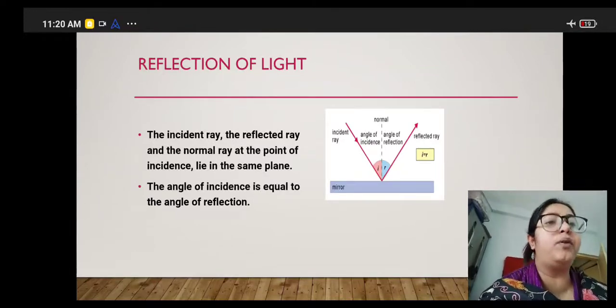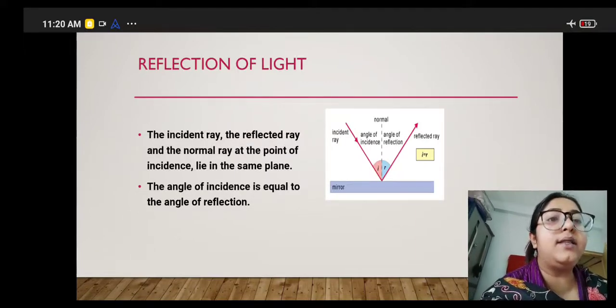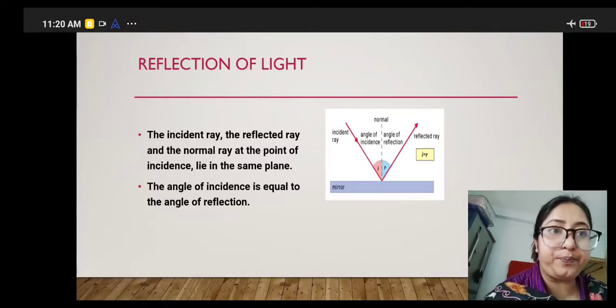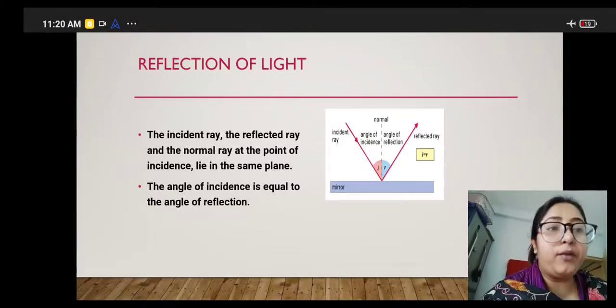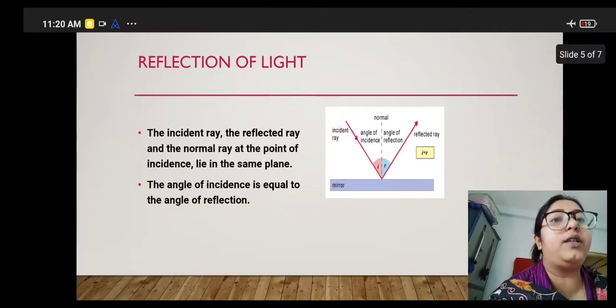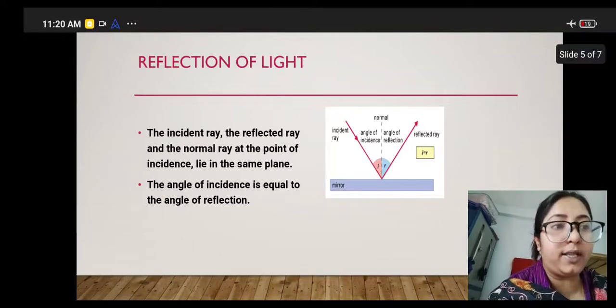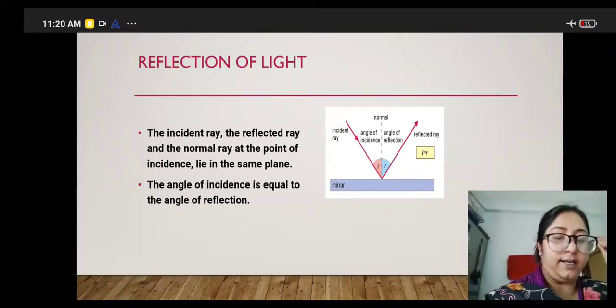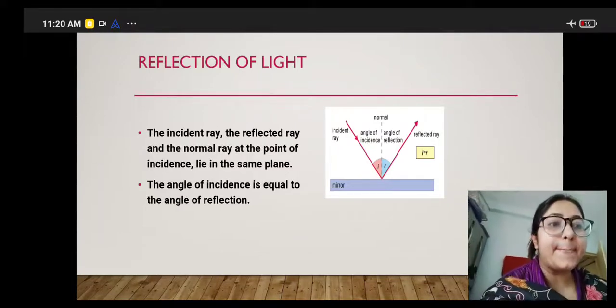It's a plain surface, where incident ray falls and a reflected ray is produced as a result of it. Remember, when you are drawing any diagram related to light, please make sure that you give the direction of arrow correctly. Otherwise, the entire concept will get changed.